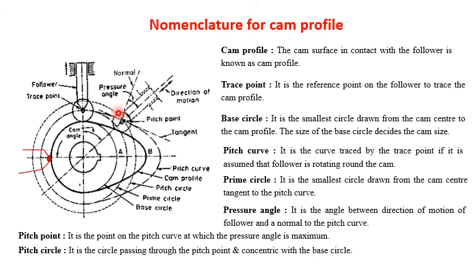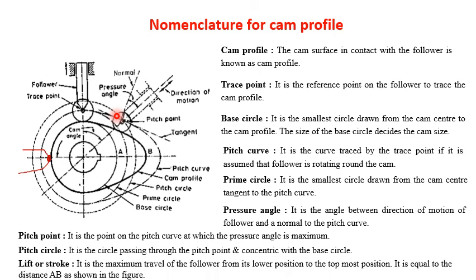Next one is pitch circle. It is the circle passing through the pitch point and concentric with the base circle. This is the pitch point, and the circle which is passing through the pitch point and concentric with the base circle is nothing but the pitch circle.